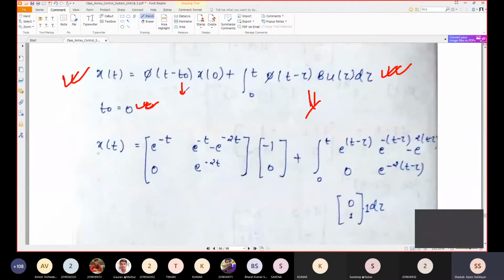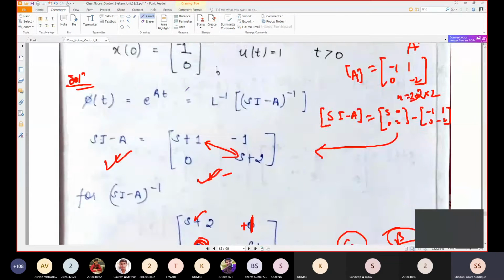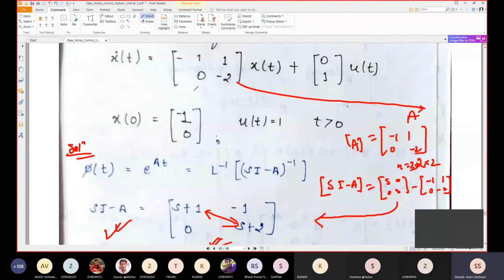In the problem it is given as t greater than 0. Actually, it should be t greater than or equal to 0, because u of t we have taken is a unit impulse, equal to 1 for t greater than or equal to 0.